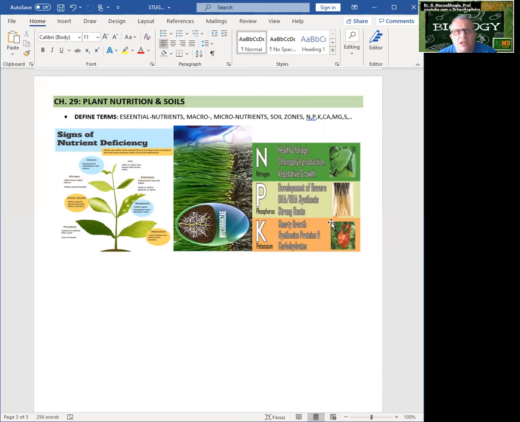Nitrogen is freely available in the air, but it is specific in that plants cannot use it in the form found in the air.